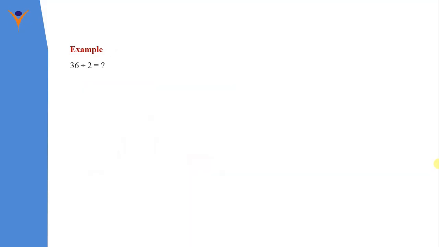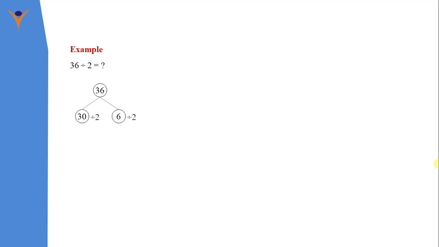Now look at this one. We use another method to obtain this division. 36 divided by 2. We're going to use the partitioning method. Here we have brought out 36 that we are dividing, and then we partition this into 30 and 6. Now 30 is divisible by 2, and also 6 is divisible by 2.